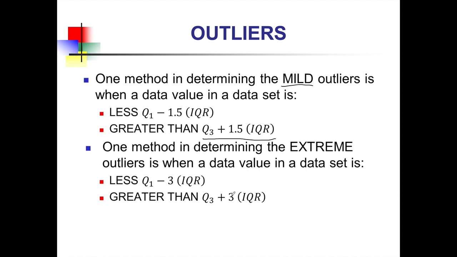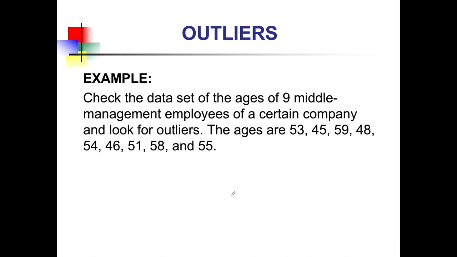So let's have our example for determining an outlier. Okay, example. Check the data set of the ages of 9 middle management employees of a certain company and look for outliers. So we are talking here all about their ages. I hope you can still remember this problem. If you are not familiar with this problem, you can check out our previous presentation about this problem.